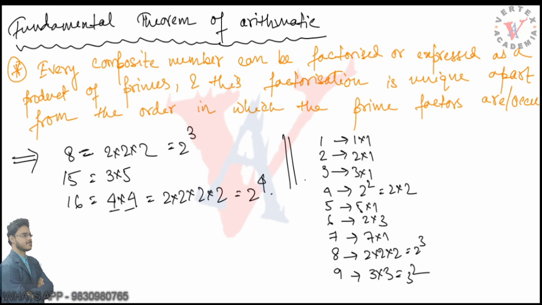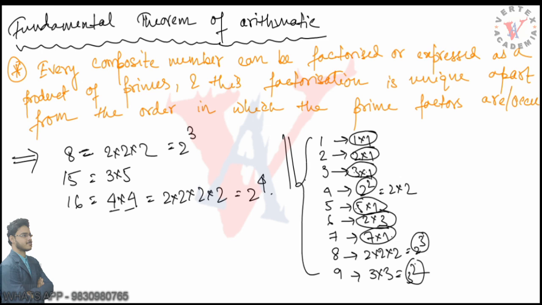Now you can see one thing: every factor here is constituted of primes. So from 1 to 9, every number we can factorize in the form of primes.